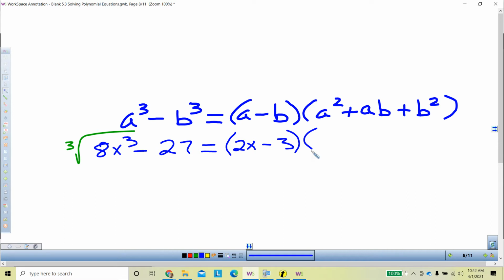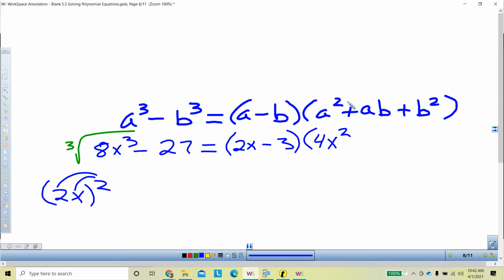So now if we go from a to a squared, a is 2x. So if we're going 2x and we're squaring it, you have to square both parts, both the 2 and the x, so you get 4x squared. Okay, the middle term, we're multiplying the 3 times the 2x, ignoring the sign.